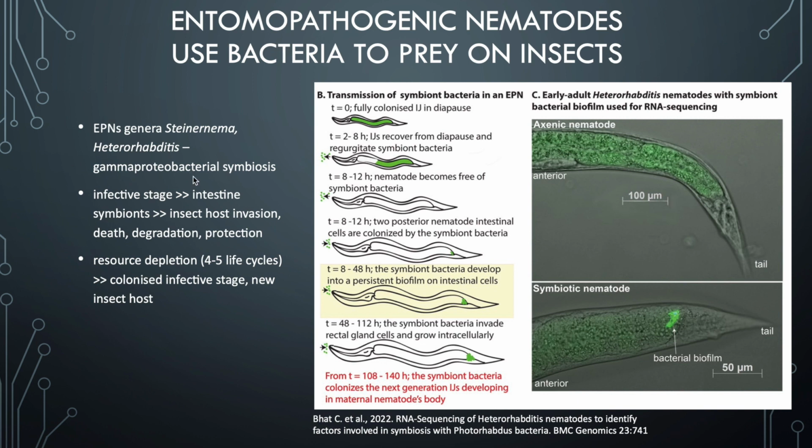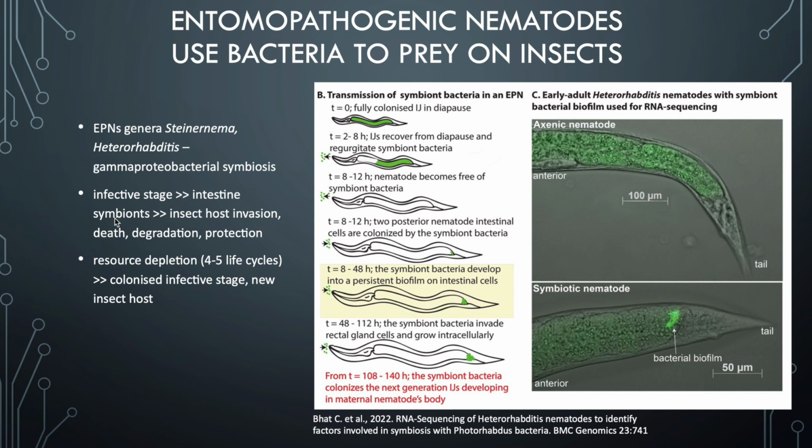There are at least two specific genera of nematodes that engage in entomopathogenic behavior and particularly involve gamma proteobacteria in this symbiosis, where the infective stage of the nematode harbors intestinal bacteria, and these bacteria are key in the acquisition of the food source for the nematode.